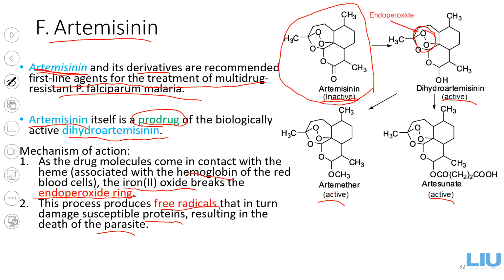Those radicals damage proteins in the parasite. Everybody get that? So what's the most essential functional group responsible for the mechanism of action for this drug? Excellent. The endoperoxide ring.